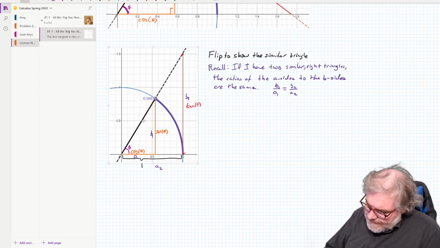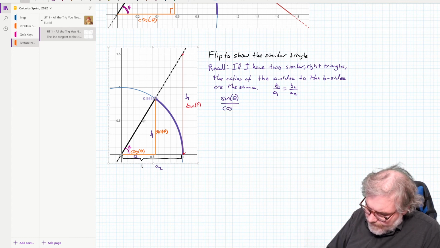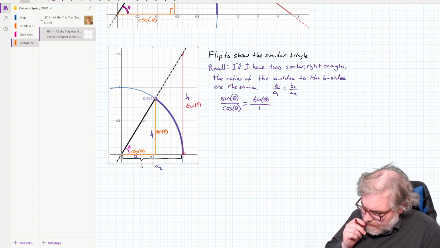That means that the sine, the B over A, B1 over A1, and B2 over A2 must be equal.